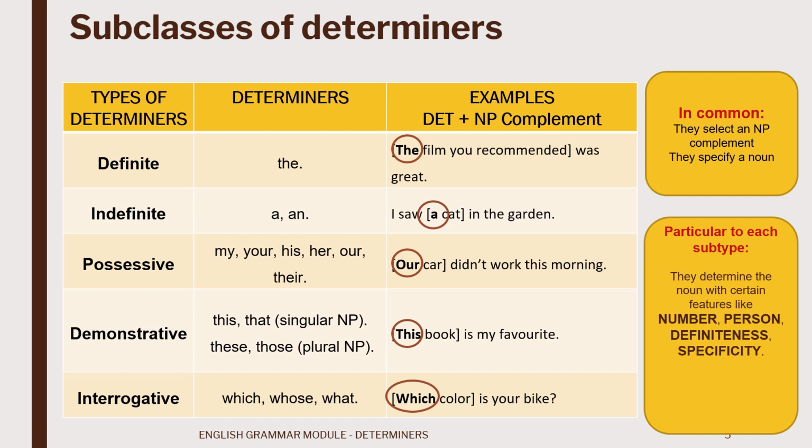Remember that all determiners carry grammatical information, and this grammatical information can be related to number, person, definiteness, or specificity. So, the specific type of grammatical information that each subtype of determiner has will specify the noun's reference, as we will see in the rest of the presentation.